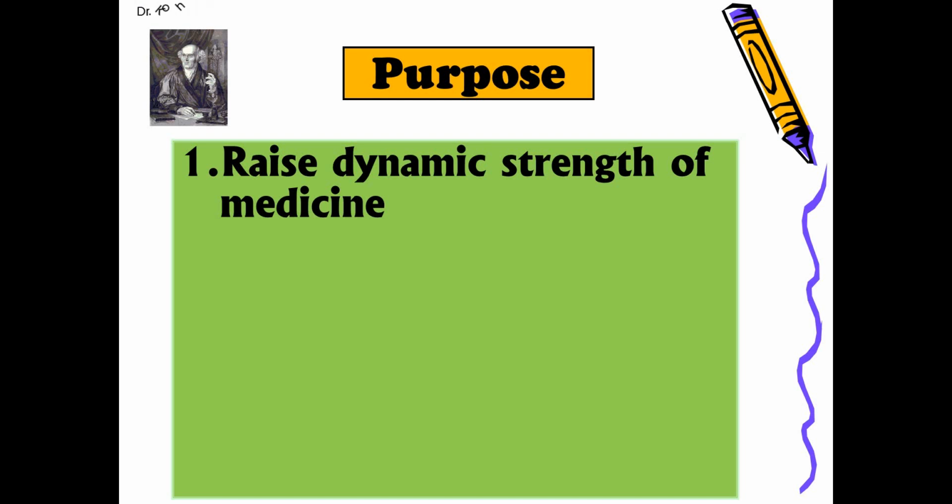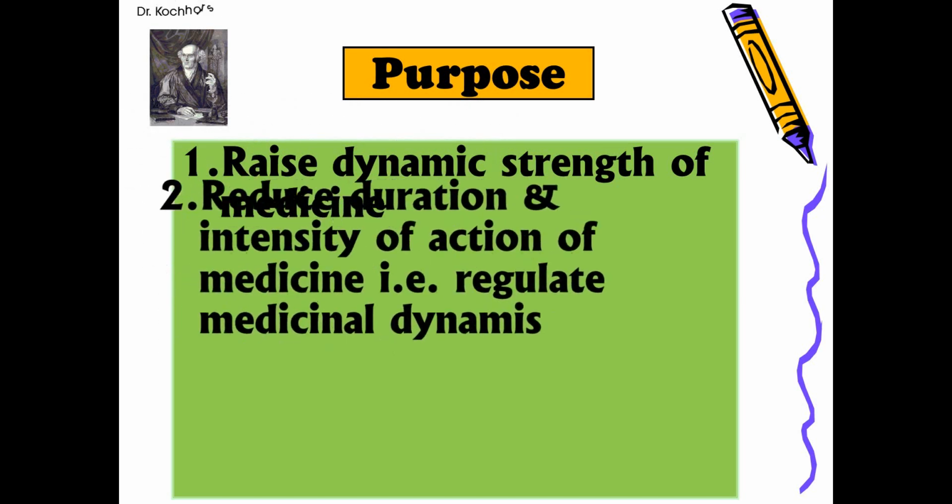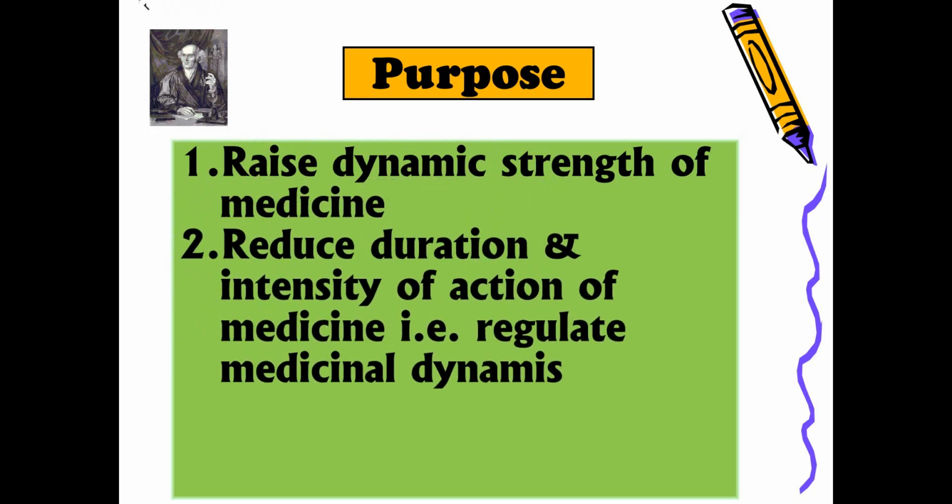We have studied in pharmacy that the inherent dynamic power of the medicine is released. Now here this very thing should be released, or is released, more than in centesimal. So first is to raise dynamic strength. And how is it released? Because you are giving 100 strokes instead of 10 strokes as in centesimal, you are liberating more energy.